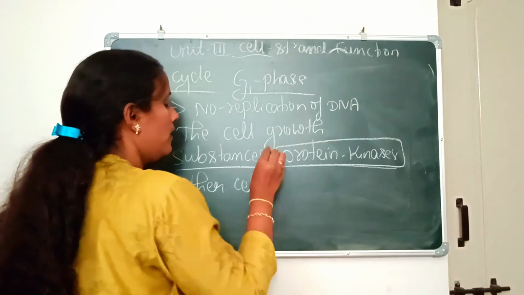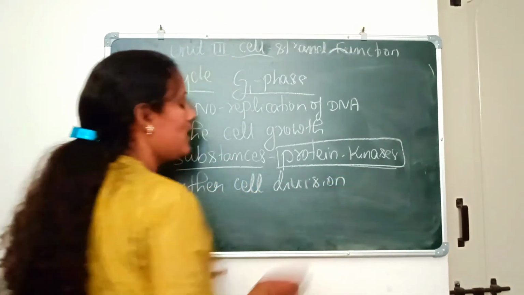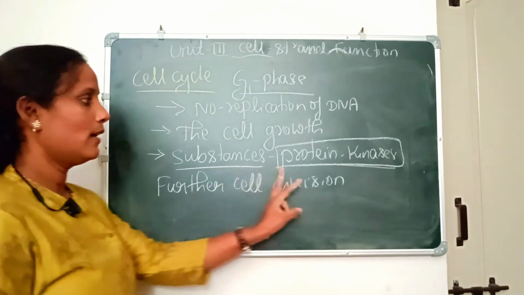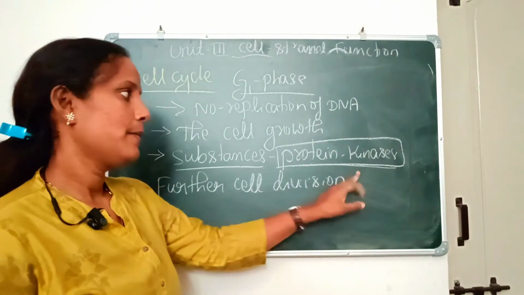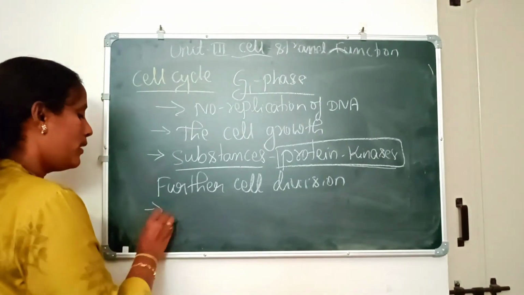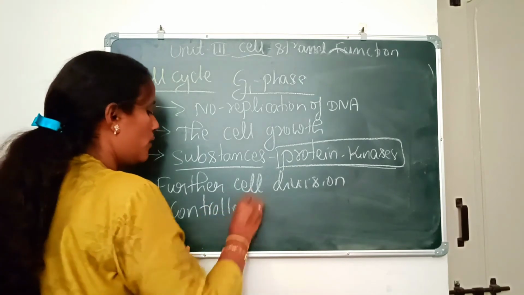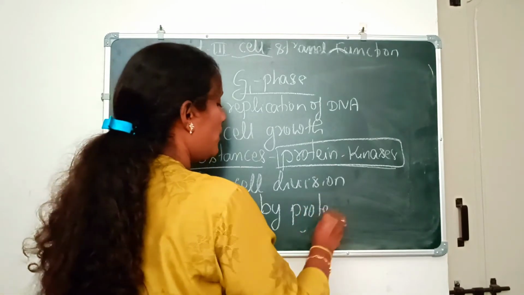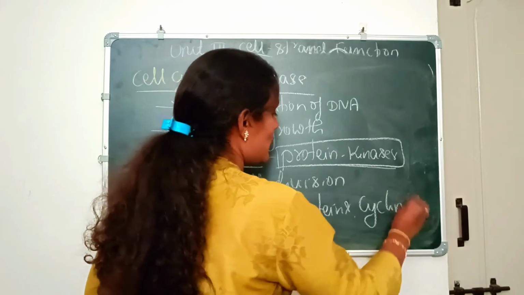That means whether the cell has to enter into next phase or not will be controlled by the substances called protein kinases. And the protein kinases are controlled by proteins called cyclins.